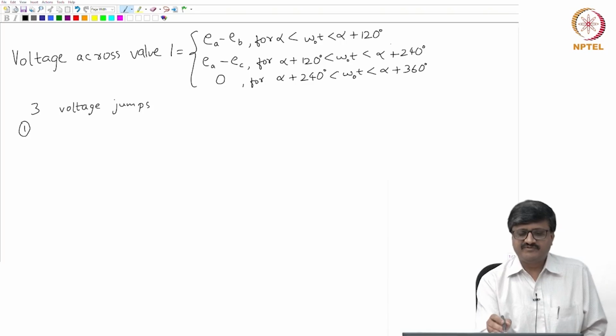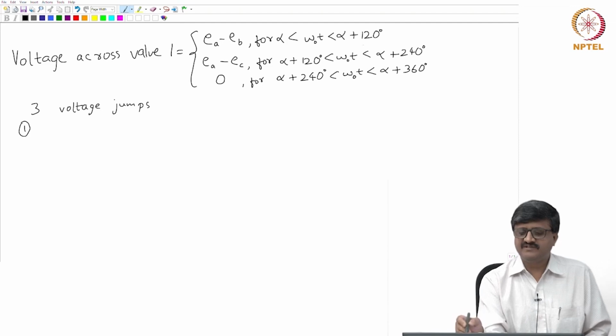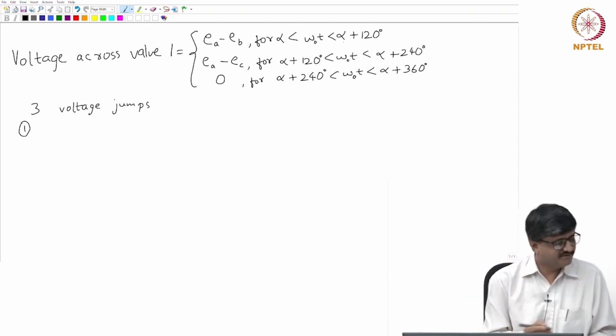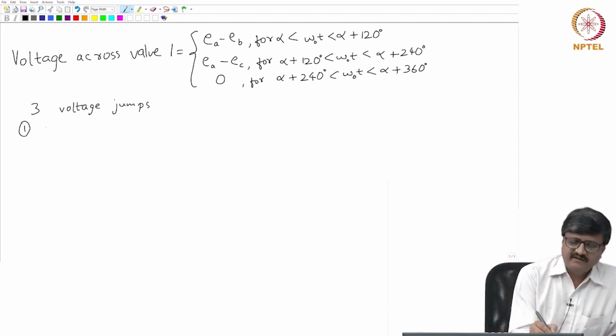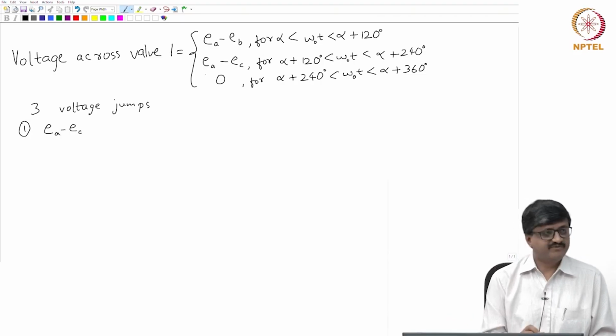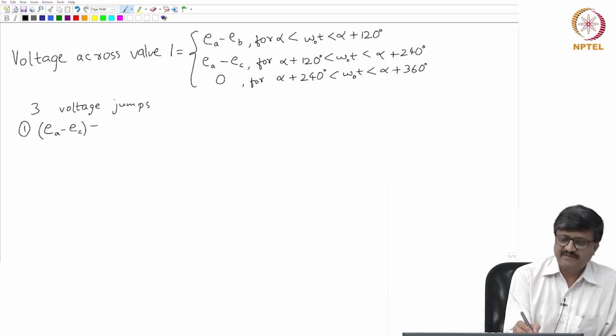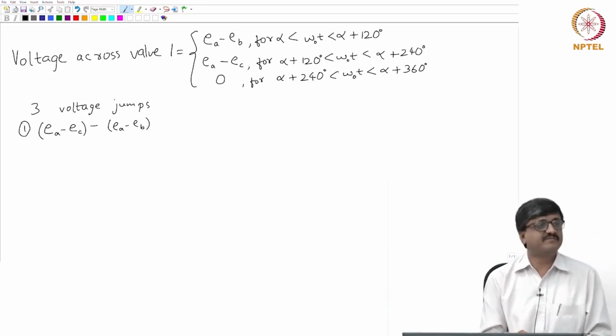So, it goes from EA minus EB to EA minus EC. To calculate the jump, I take the value just after alpha plus 120 and from that subtract the value just before alpha plus 120, that is all I do. Okay. So, I calculate the value of the expression just after alpha plus 120, that is EA minus EC. From this subtract EA minus EB, which is the expression just before alpha plus 120.